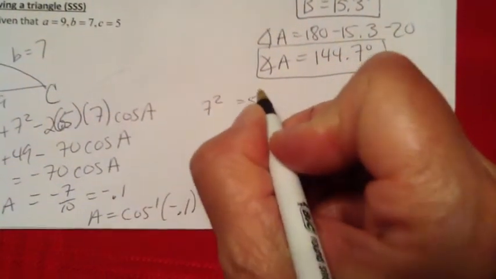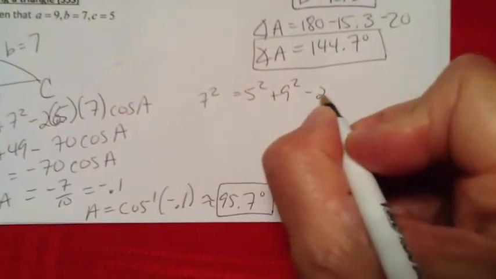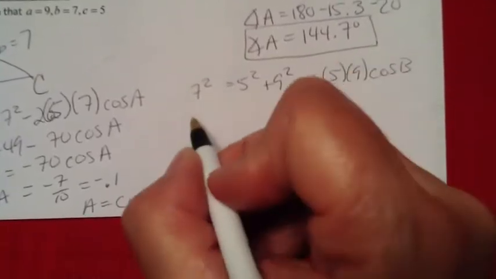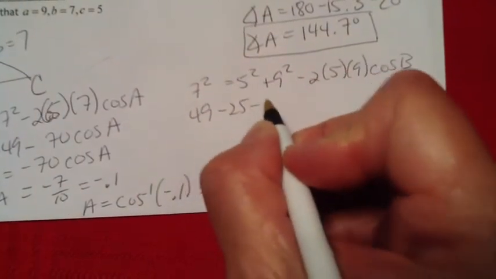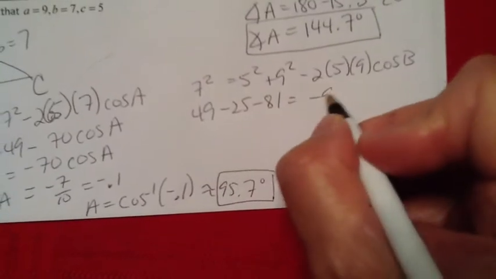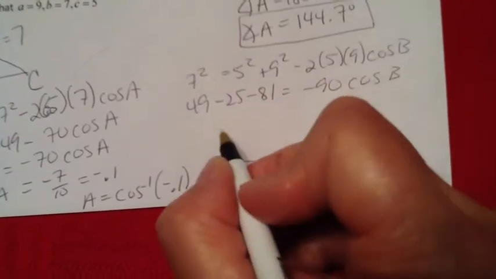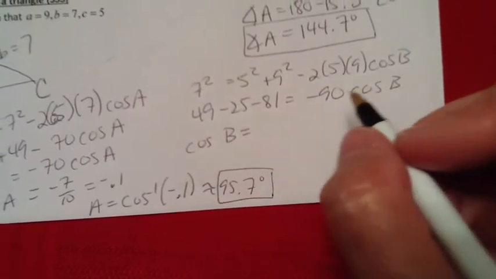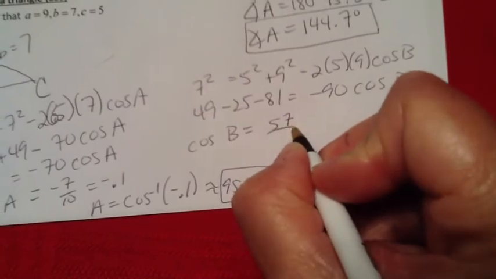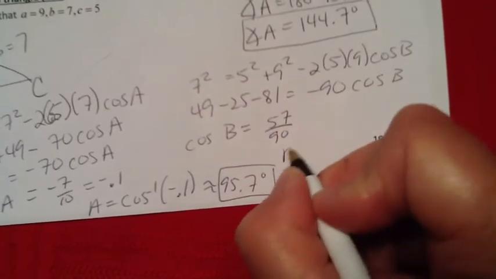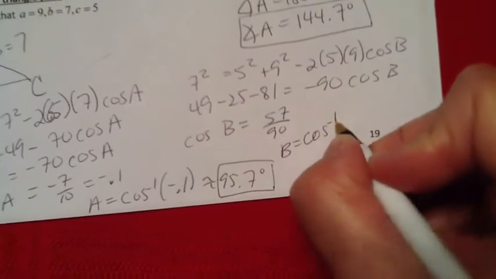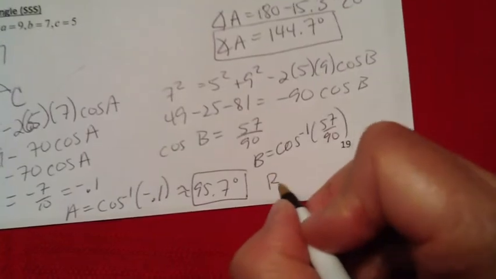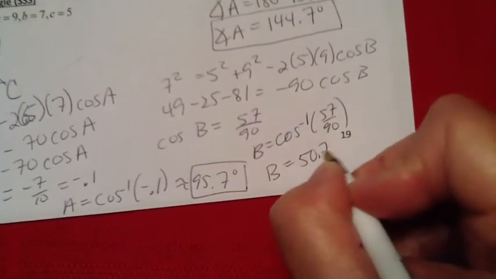B equals 5 squared plus 9 squared minus 2 times 5 times 9 times the cosine of B. And so I've got 49 minus 25 minus 81 equals negative 90 cosine of B, and I'm going to get the cosine of B is going to be 57 over 90, and B is going to be the inverse cosine of 57 over 90. And what I get angle B to be is 50.7 degrees.